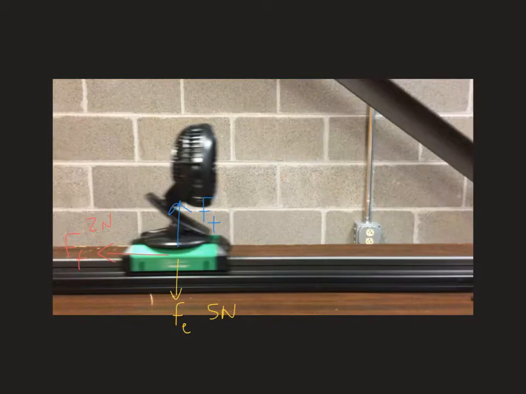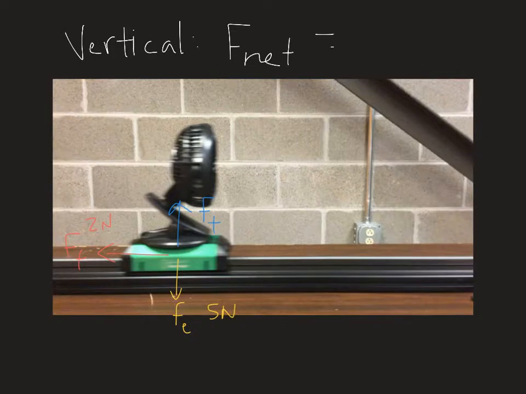It tells us that even though the forces are unbalanced in the horizontal, yes, they're unbalanced in the left and the right, because the cart's not moving up and it's not moving down, it's staying in the same place vertically. Because of that, we know that in the vertical direction, the net force equals 0.